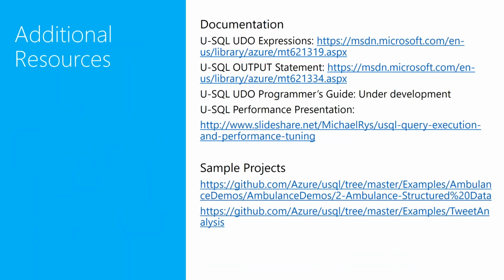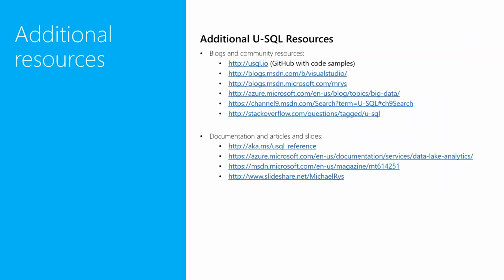There are additional performance tuning tips for working with UDOs in the U-SQL performance presentation, and you have the link here. There are some sample projects down here, plus the additional sample project that you can reach from my blog. There are additional links to the different community resources, GitHub site, blogs, etc., and additional documentation, articles and slides.